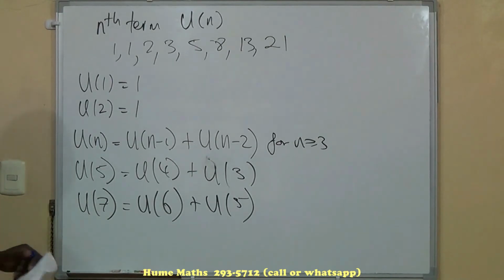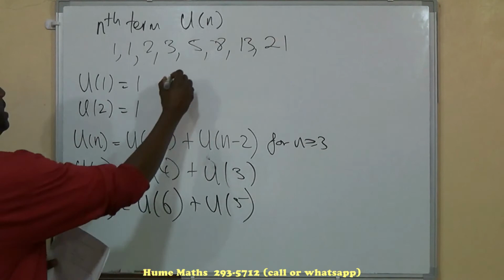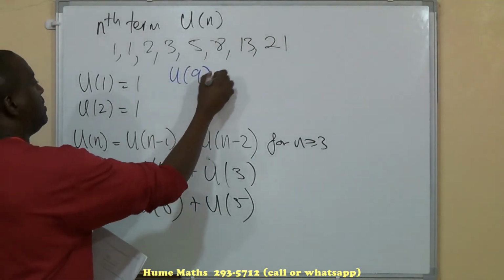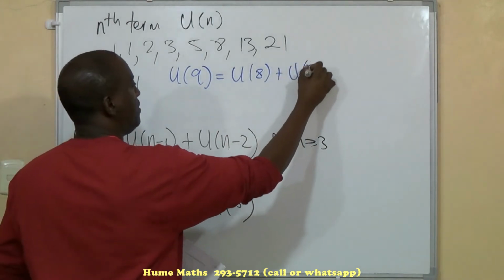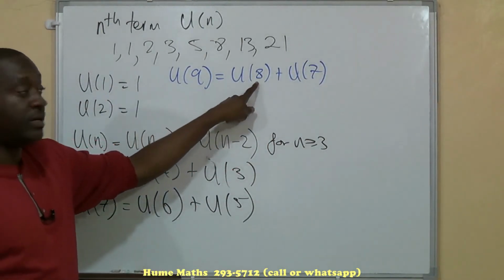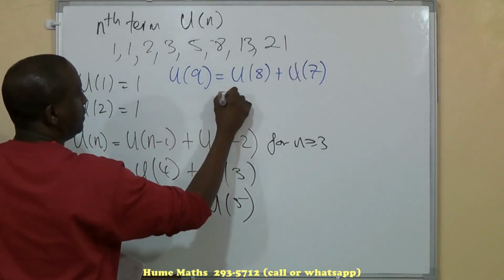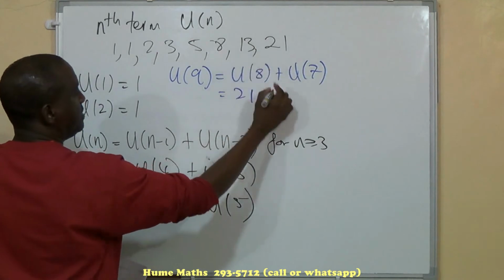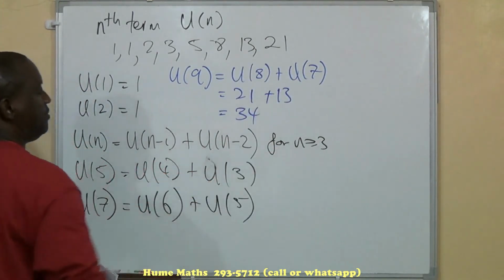Well, here, if Un is Un minus 1 plus Un minus 2, then U9 would be U8 plus U7. Alright? N minus 1, N minus 2. U8 is 21 and U7 is 13. So that is 34.